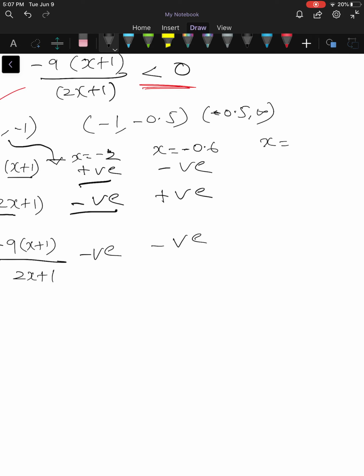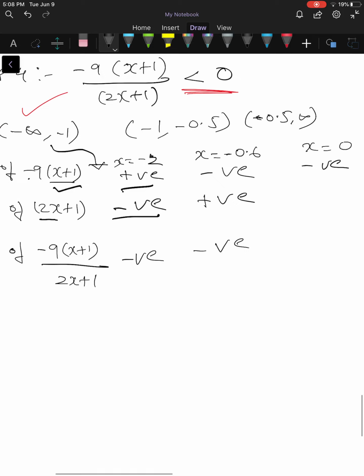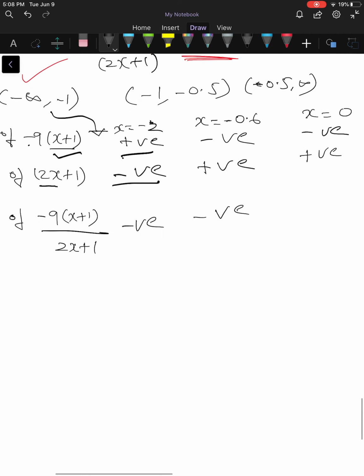In the third interval, I will take a trial value of 0 because that is easy. 0 plus 1 is 1, and times negative 9 would be negative. 2 times 0 is 0, and plus 1 is 1, that would be positive.